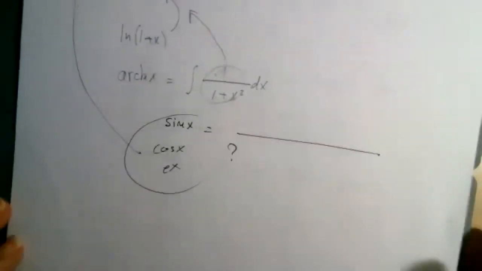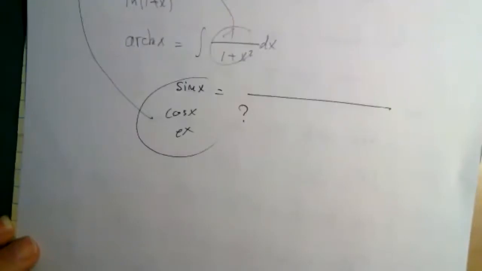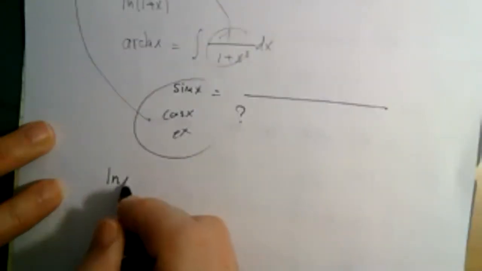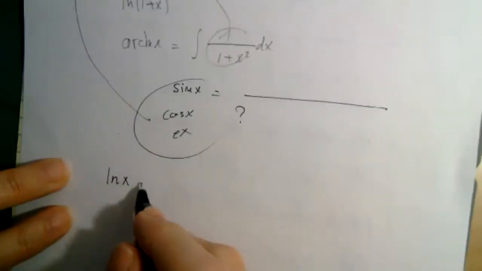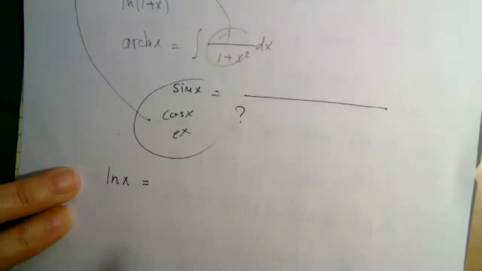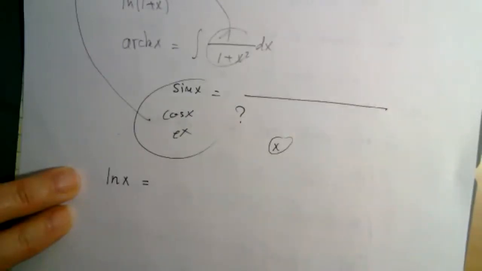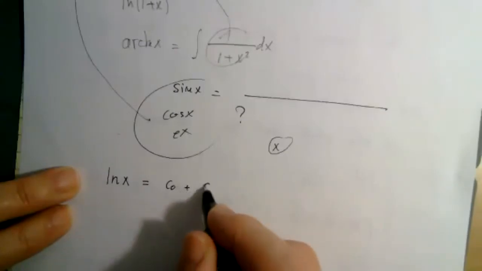And the second part is the following. I'm going to write something and you have to tell me whether this makes sense. Suppose I take the function ln of x. Is it possible to write ln of x as a power series in x?